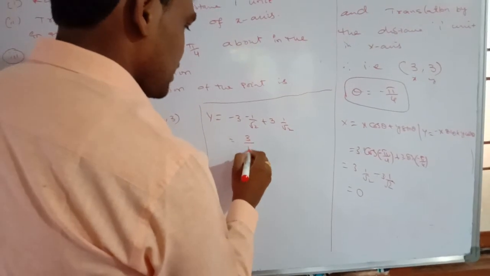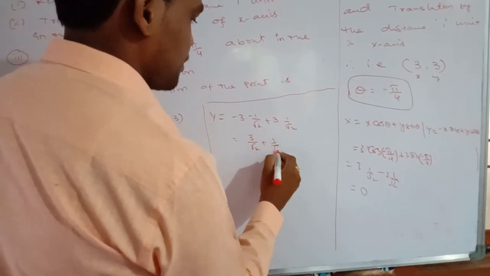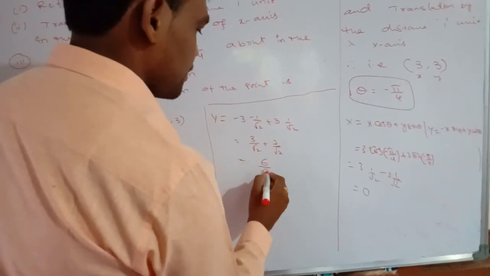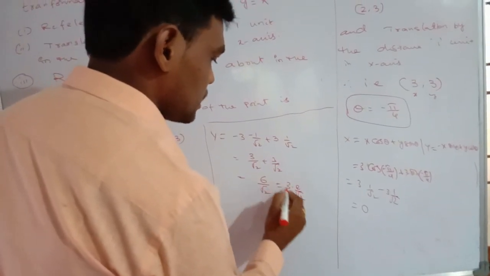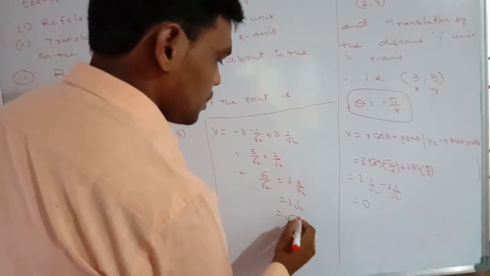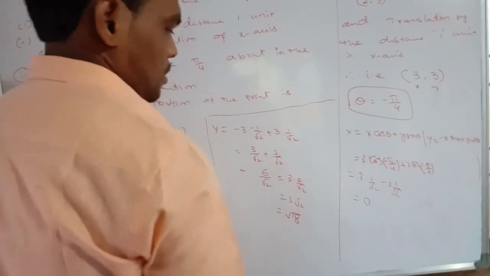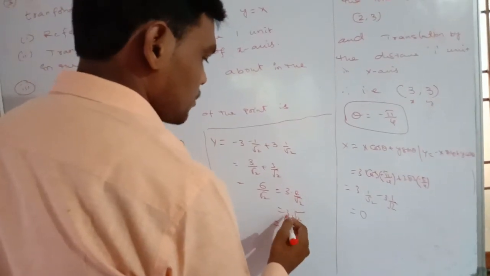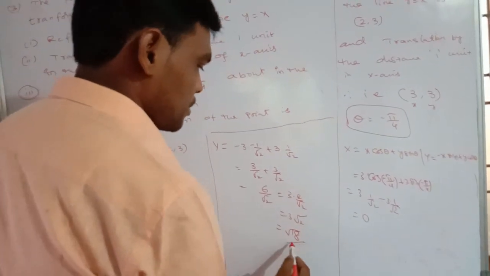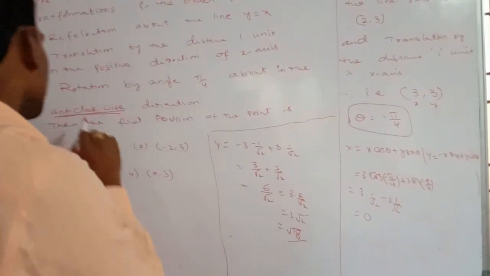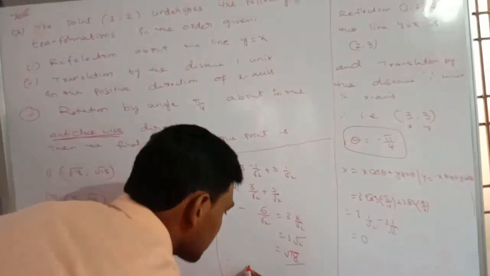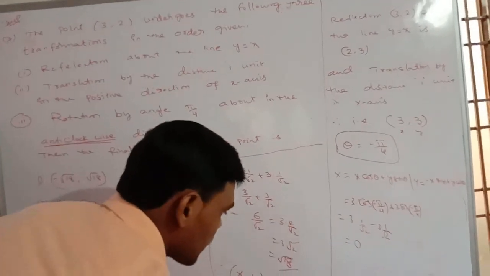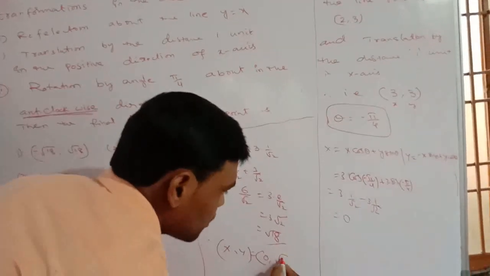This is 3 by root 2 plus 3 by root 2, that is 6 by root 2, which is equal to 3 into 2 by root 2, and this is 3 into root 2, that means root 18. Therefore the final position of the point, capital X comma capital Y, is equal to 0 comma root 18.